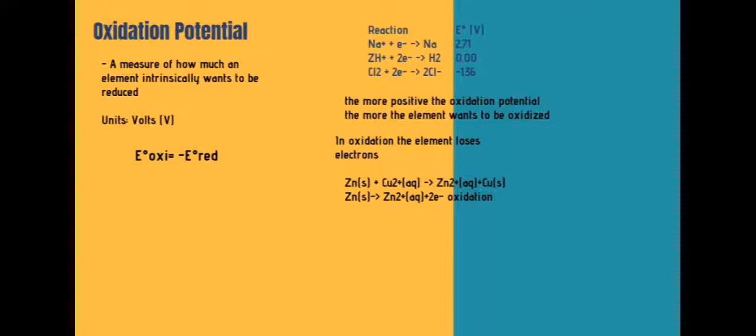So if you do the opposite, sodium atom has an oxidation potential of negative 2.71 volts. The more positive the oxidation potential, the more the element wants to be oxidized. So in oxidation potential, the element loses electrons.